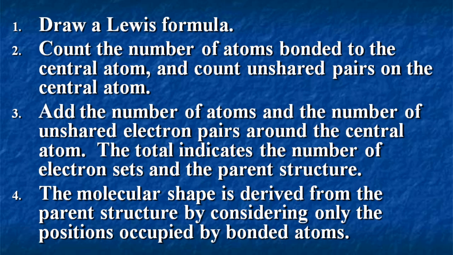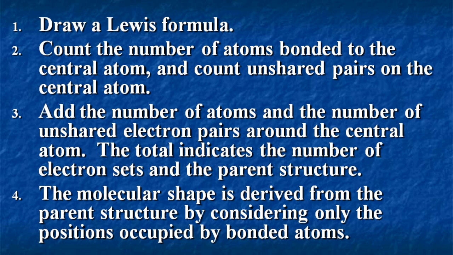So here are the steps, and then I'll take you through them using the model. The first step is to draw the Lewis structure, then count the number of atoms bonded to the central atom and count the unshared pairs on the central atom, or in other words, count the number of sets of electrons, and get the parent structure.